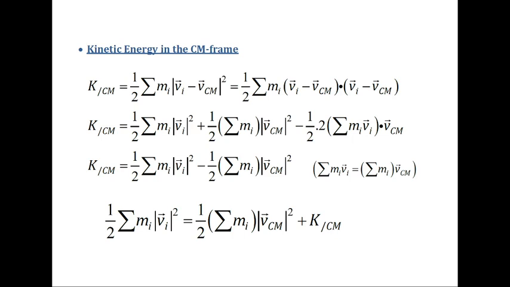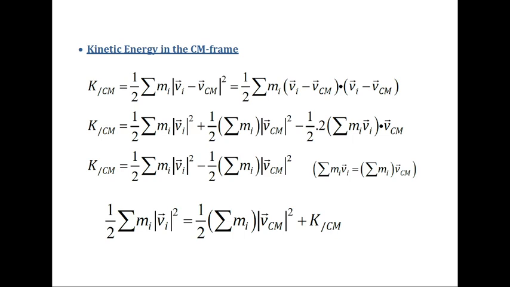So you plug it here and you get this summation. So if I expand it, the square of the modulus of this vector is just that vector dotted with itself.